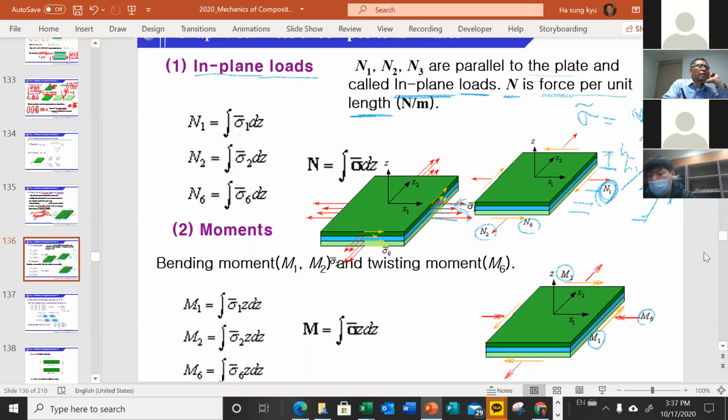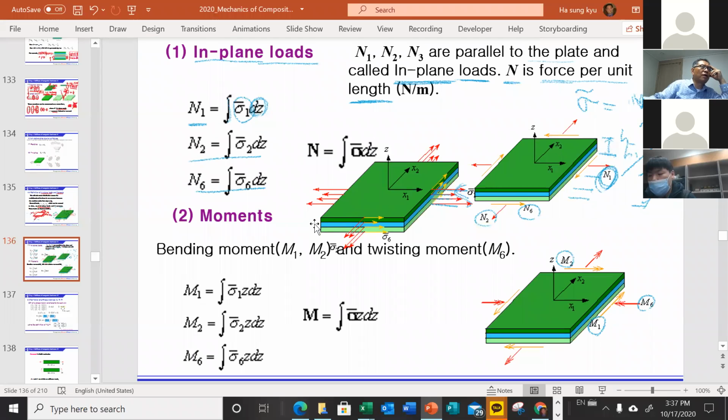But we do know that the integration of sigma 1 over the z-axis will be the N1, and same for N2 and N6. That is the definition and relation between the in-plane load and the in-plane strain. This is the off-axis stiffness, and this is the in-plane load.